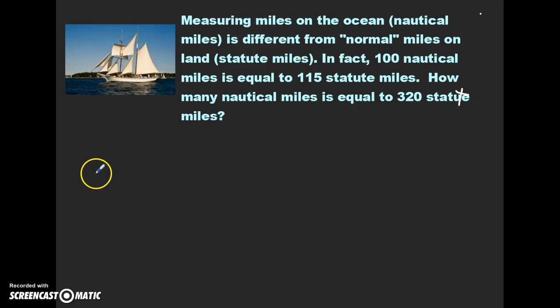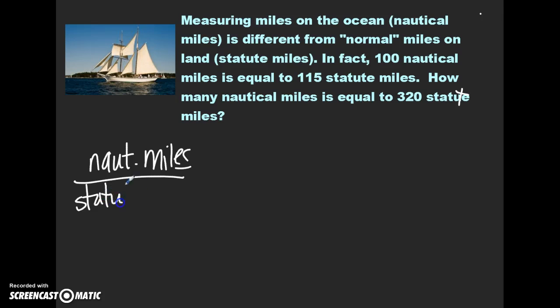So we have this comparison here of measurement, and if you remember from the road trip activity, the scale on your map compared inches to miles. So that was another example of a scale factor, which is another way that we call this ratio of comparing two measurements. So here we have a comparison of nautical miles to statute miles.